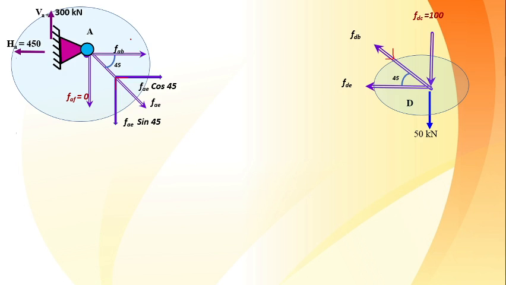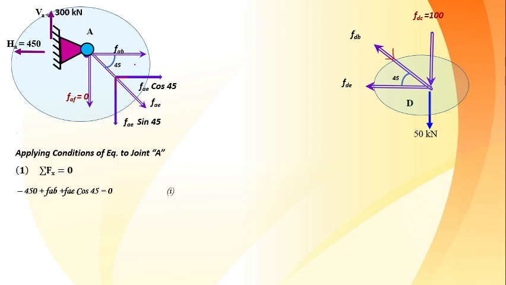Similarly, one by one we have to start with the analysis, but for the sake of continuity of this presentation, I have to do it simultaneously. So here, applying the conditions of equilibrium to joint A, apply sigma fx and sigma fy. So we can see here minus 450 plus FAB plus FAE cos of 45 is equal to 0.